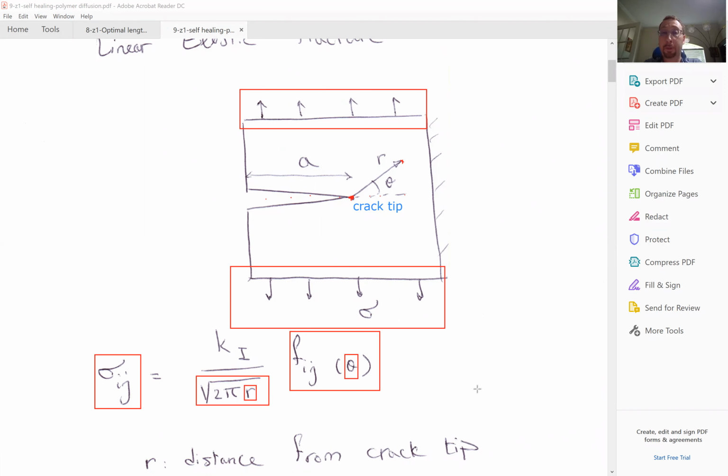So for instance, sigma 1,1 is, and this is the 1 direction, this is the 2 direction. Sigma 2,2 is the normal stress in this direction, sigma 1,1 is the normal stress in this direction, and sigma 1,2 is the shear stress.